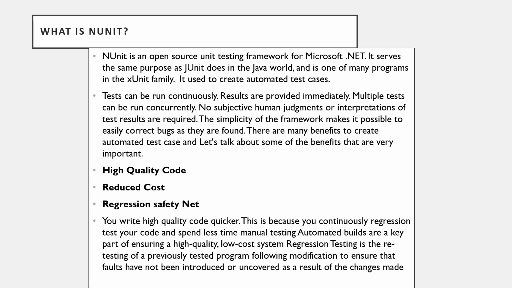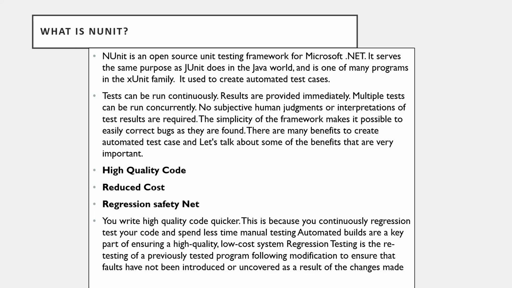That means during the 6 months, you have to run test cases continuously during the development. Results are provided immediately. Multiple test cases can be run concurrently. No subjective human judgments or interpretations of test results are required.